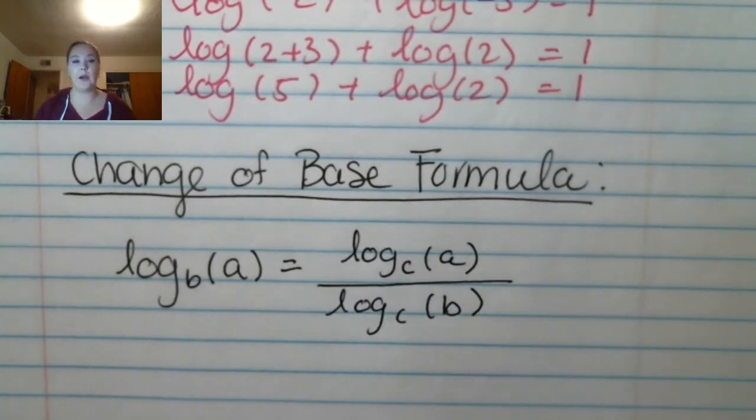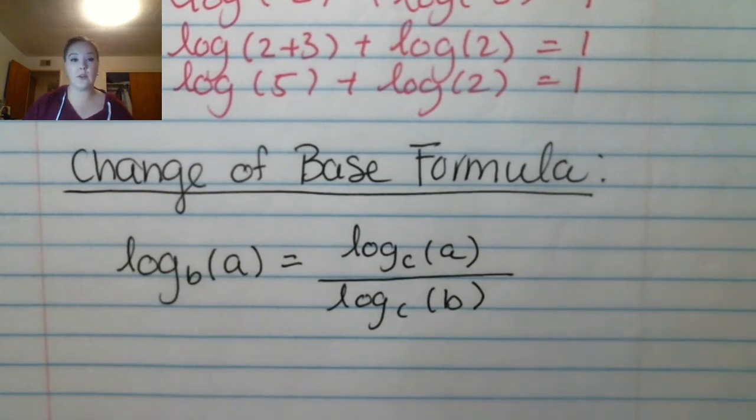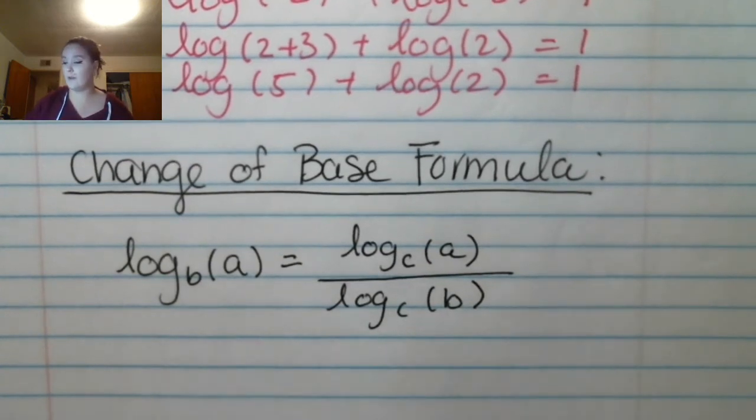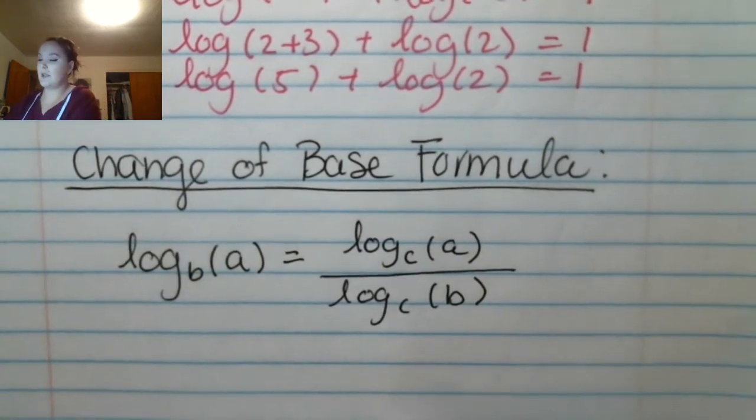Now what this is mostly used for is to change from an arbitrary base into log base 10, or the type of log that we're actually going to talk about in the next section, so that you can evaluate it with your calculator. So let's see an example of that.